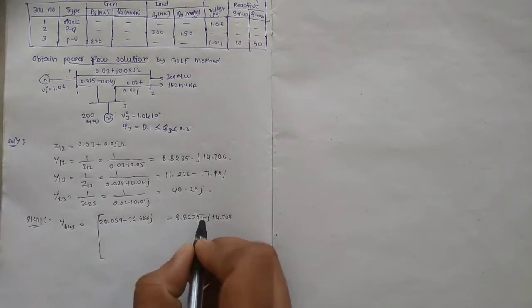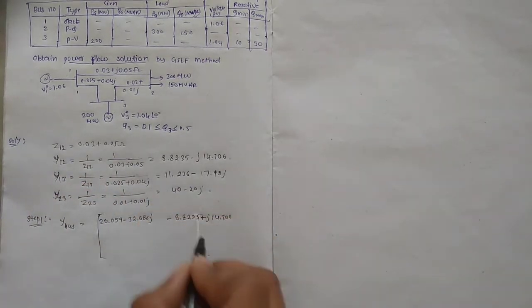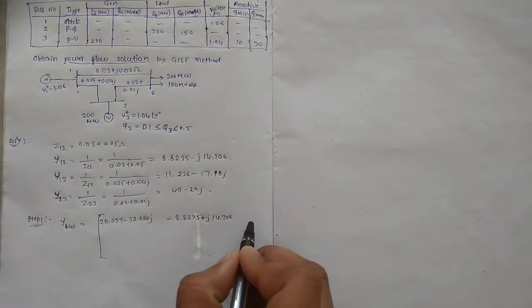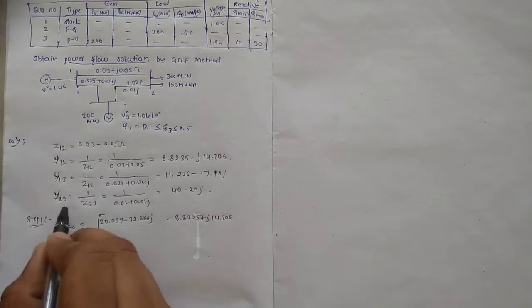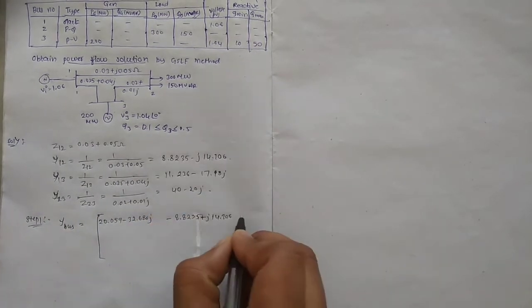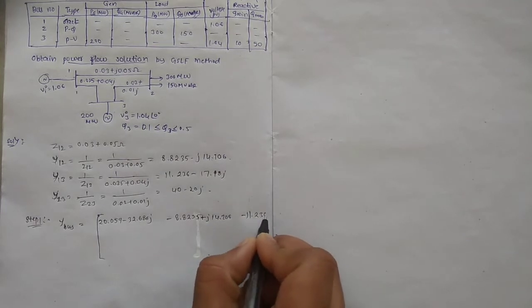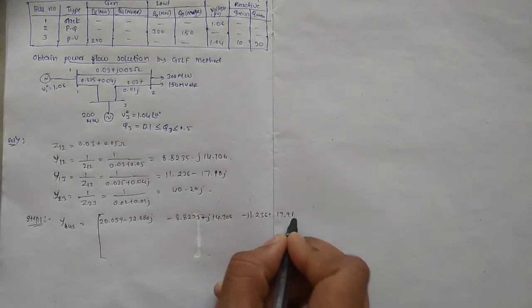So minus of this element, and these are the small y elements. And we need now Y13, first row, third column. Y13 is minus of this value: minus 11.236 plus j17.98.